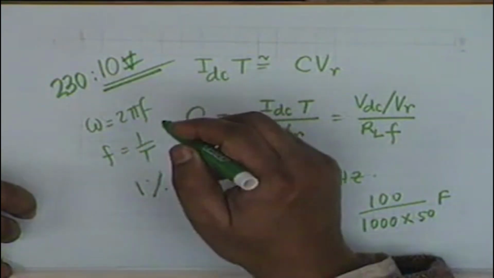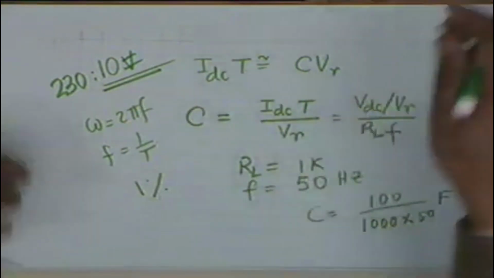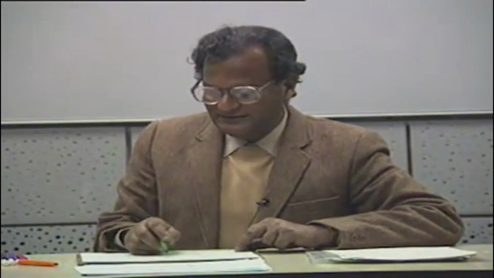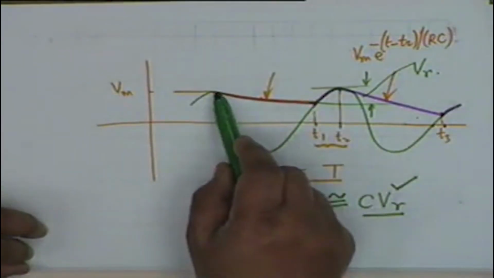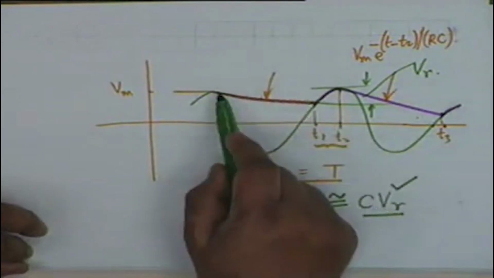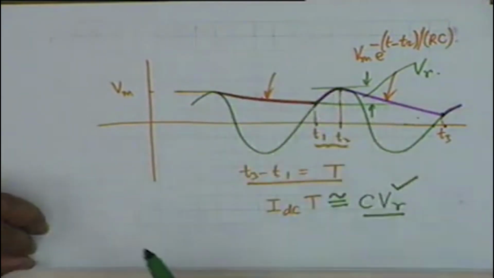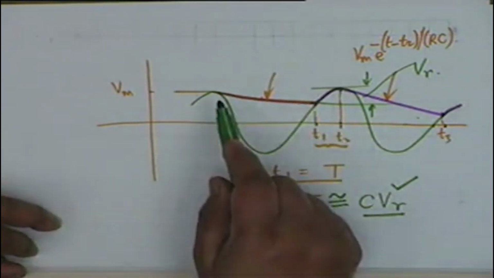So should VDC be equal to VM only? VDC is approximately equal to VM. Please explain. You see, VDC, ideally, if the capacitor was infinitely large, if RC product was very large, then the ripple voltage would have been very small, and therefore the capacitor would have discharged very slowly, and therefore the DC voltage would have been approximately equal to VM, the peak value.